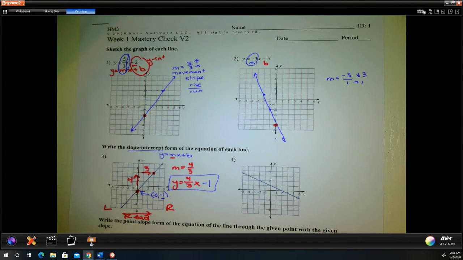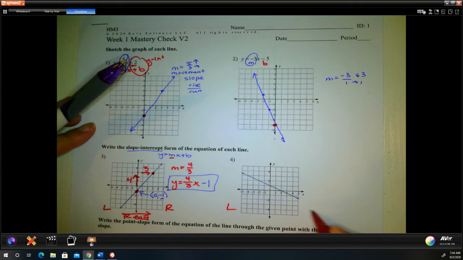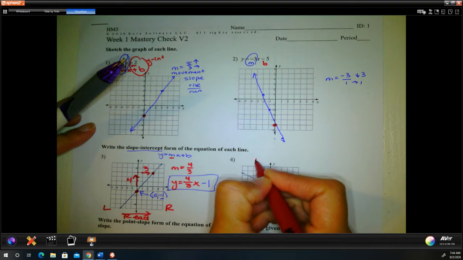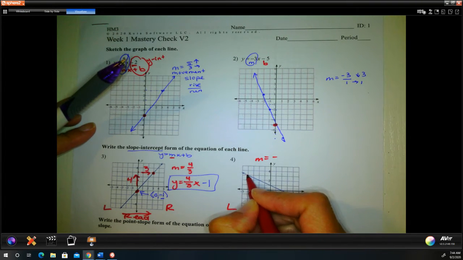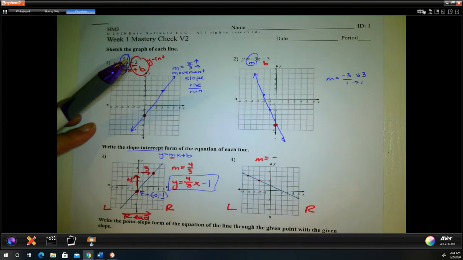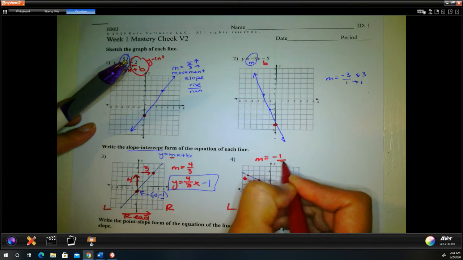Okay, let's look at number 4. I'm going to go a little bit faster. The first thing I notice as I look at this graph from left to right is it's going down. That tells me that my slope is going to be negative. So I want to go ahead and find 2 points. That's a good point. That's a good point. If I look, this is down 1, so -1, and then over 2.